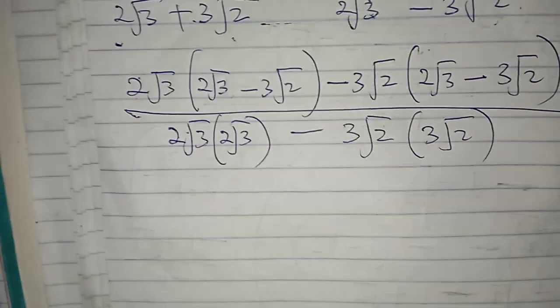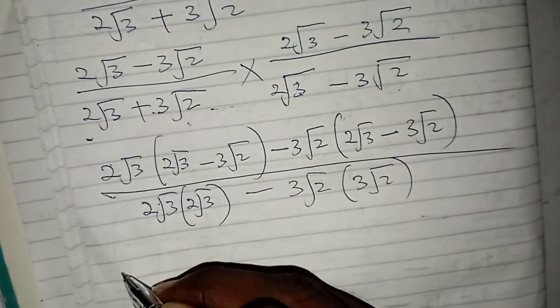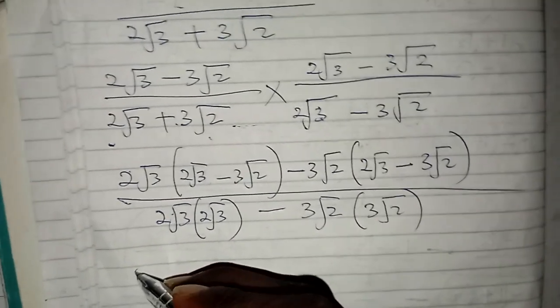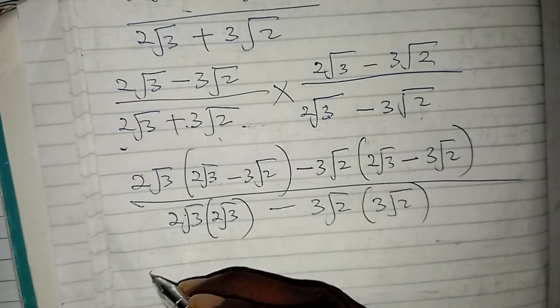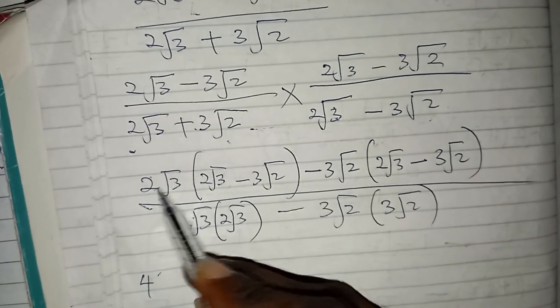So this is going to give me, the first part I have 2 root 3, 4, 4.